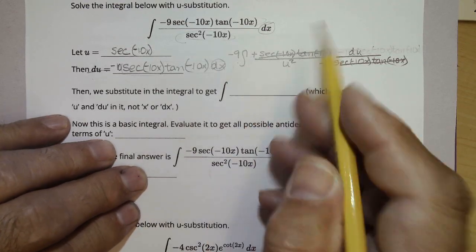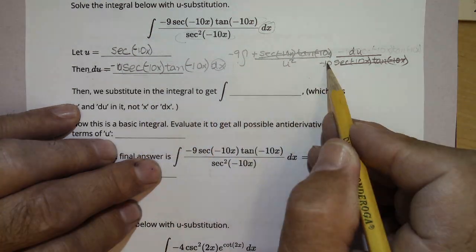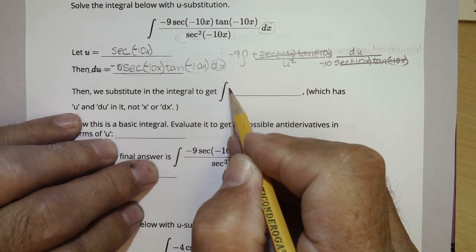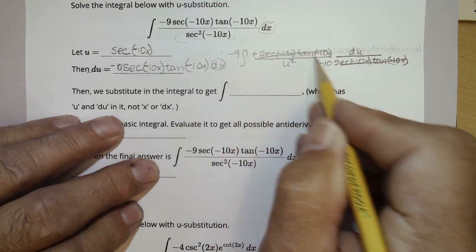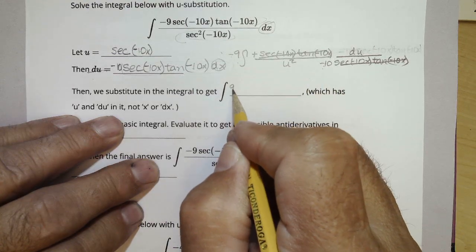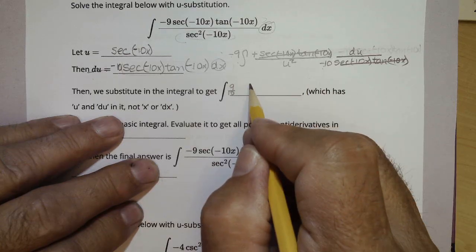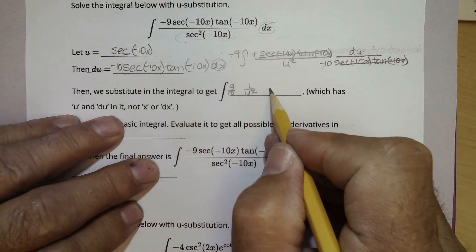And so the negatives would cancel. We have 9/10, or 0.9, inside, and 1 over u squared du.